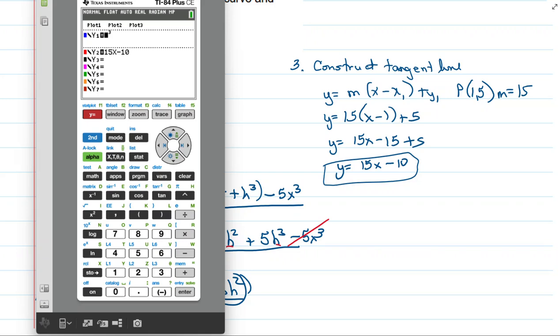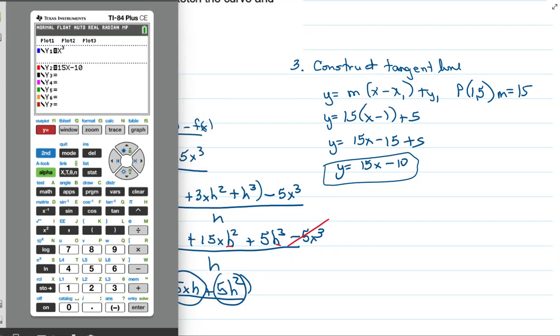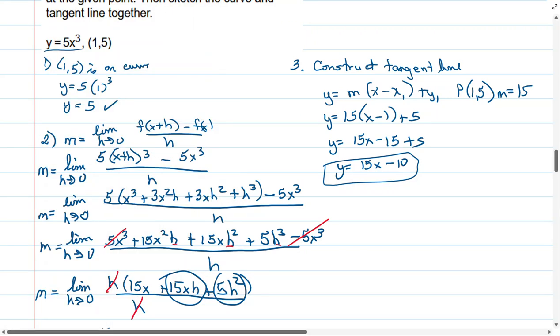So let me look at my math again. Where did I mess up here? 5x cubed, 15 is 3, 15, 15. Oh, this is 5s. It's a distributive of 5. And this is no, but this is a 3.